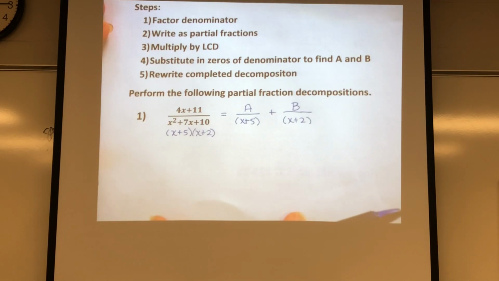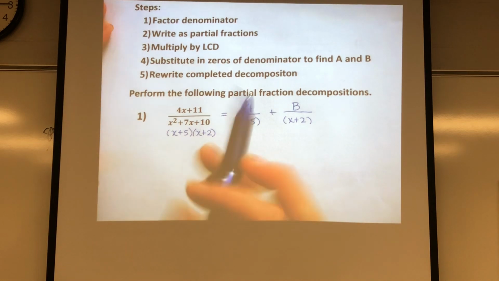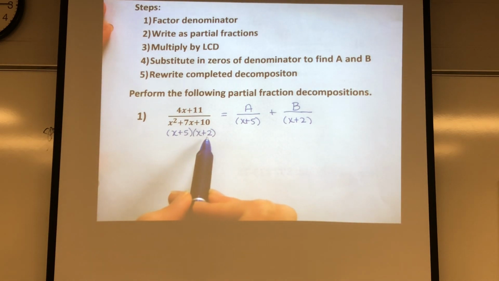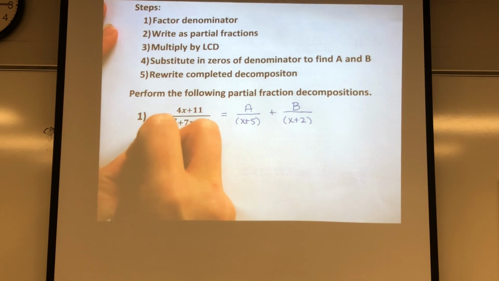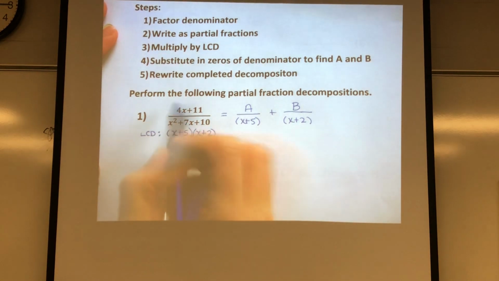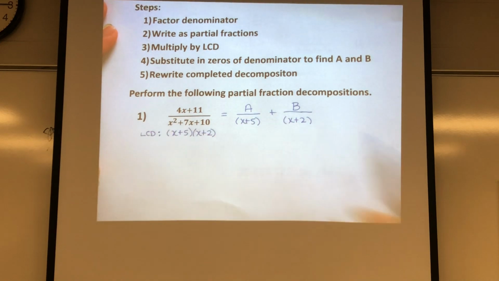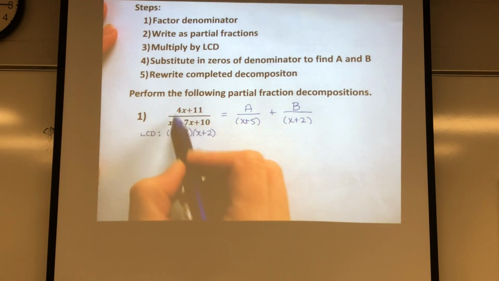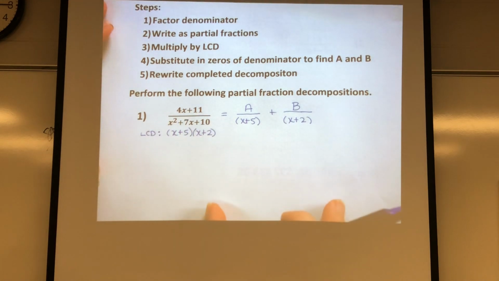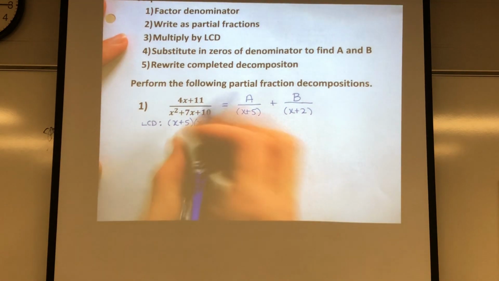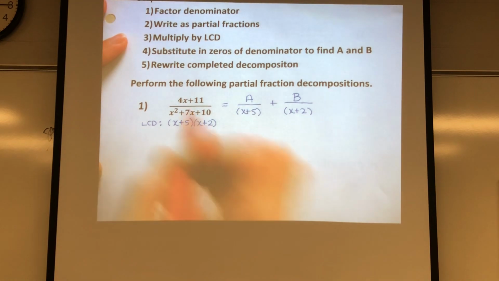So our LCD in this case is x plus 5 times x plus 2. This one right here. So we want to multiply this whole equation that we just wrote by the LCD. If we multiply this first fraction by its denominator, we're going to be left with just the numerator. So we'll have just 4x plus 11.